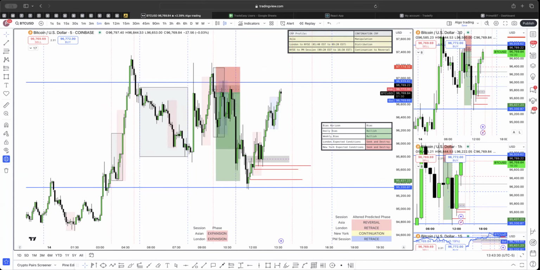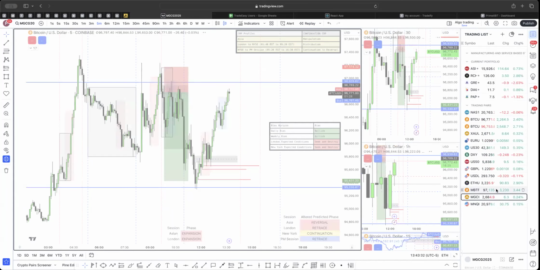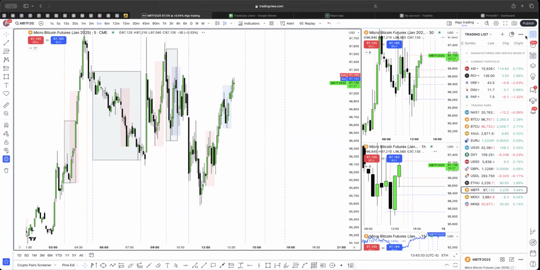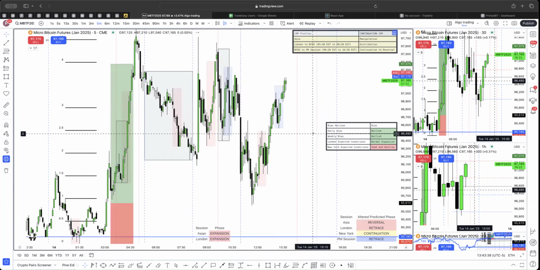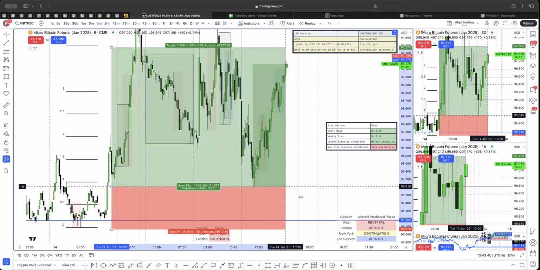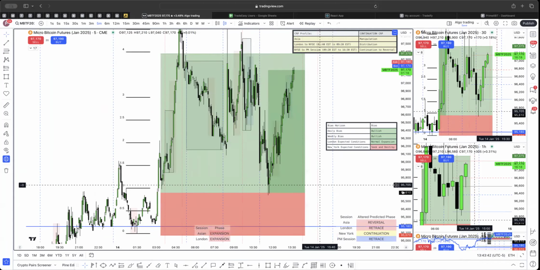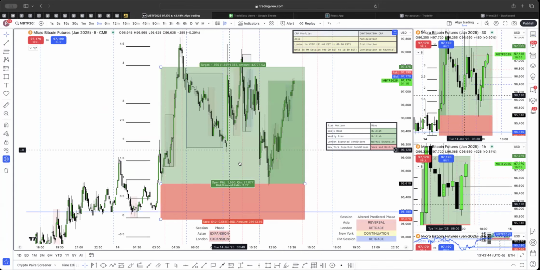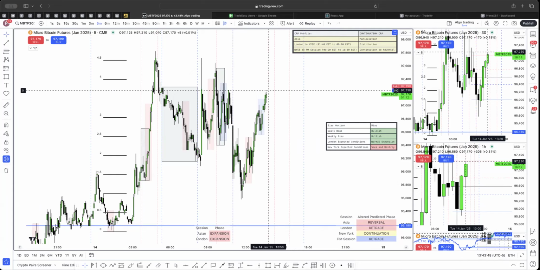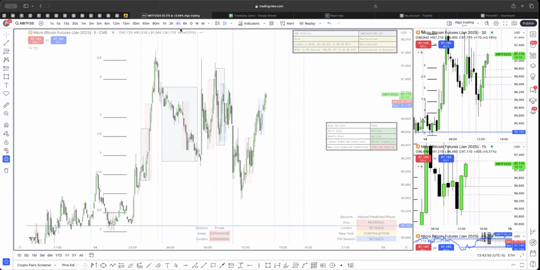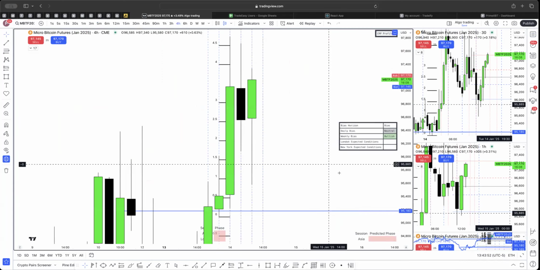If I go to the futures here, on the futures contract, if I go to the 4 hour, this was a big miss today, which I deleted and then happened to pan out. Feels bad, man, feels bad. On the 4 hour here, you can see that, okay, same story.